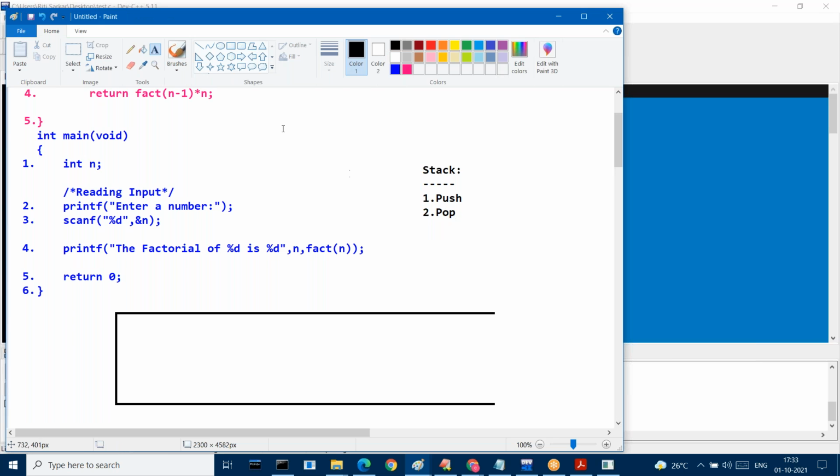Now, this is my operating system, sir. It takes the responsibility of calling the main function, because a function needs to be called, otherwise execution will not start.